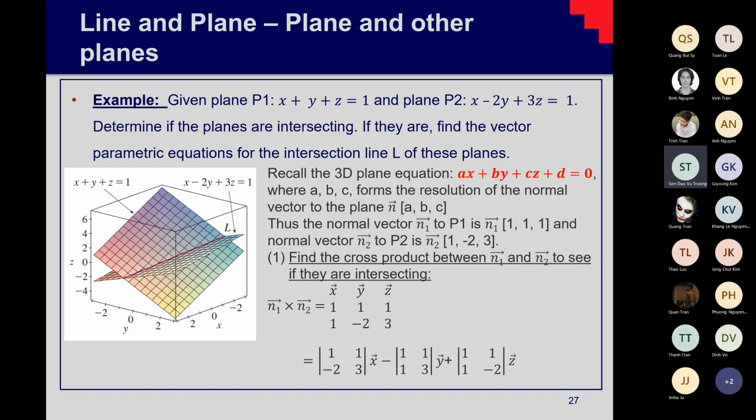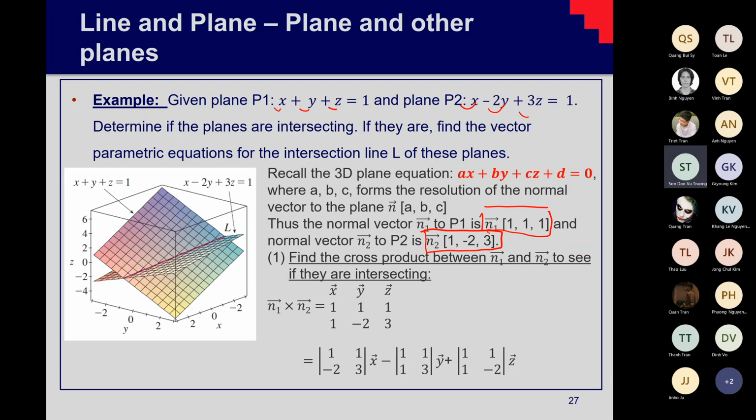So the normal vector N1 to plane P1 will be 1, 1, and 1, and the normal vector N2 for plane P2 will be 1, minus 2, and 3. We will have to find the cross product between N1 and N2. If the cross product is non-zero, then we can say the two planes are intersecting.